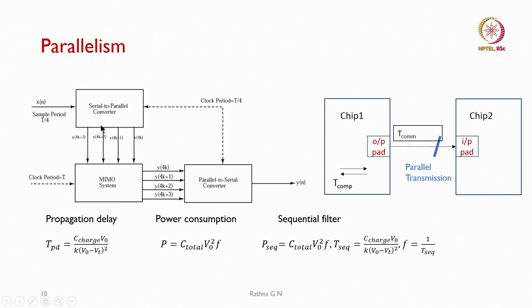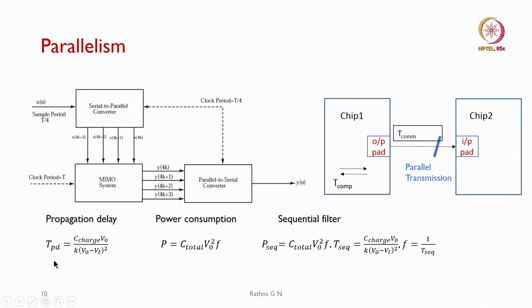You will see how we can convert from serial to parallel structure and then parallel to serial. We said the critical path in this case is the communication. If communication between the 2 units becomes much more than the computation, it is better to go for parallel architecture. That is the restriction.